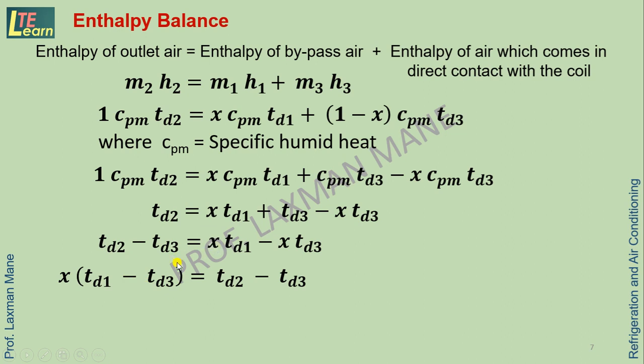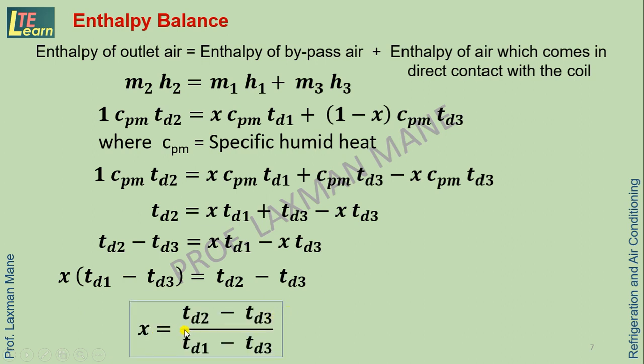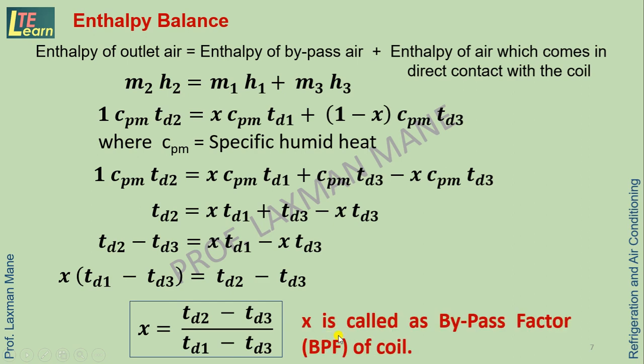Taking x common, x into TD1 minus TD3 on one side, TD2 minus TD3 on the other. By arranging the terms, we find x is equal to TD2 minus TD3 divided by TD1 minus TD3, where x is called the bypass factor of the coil.